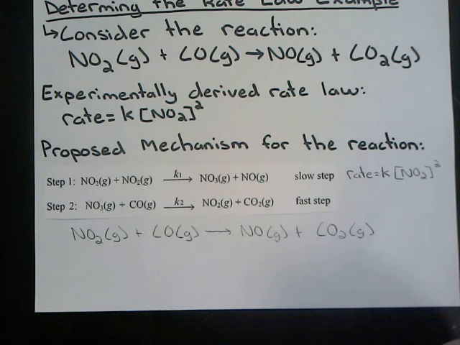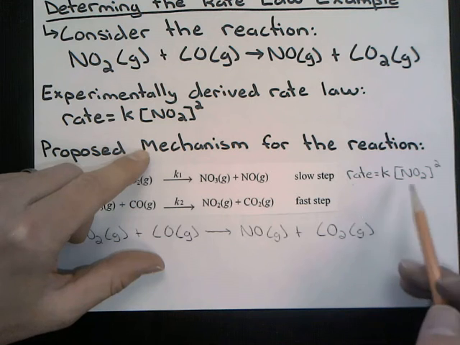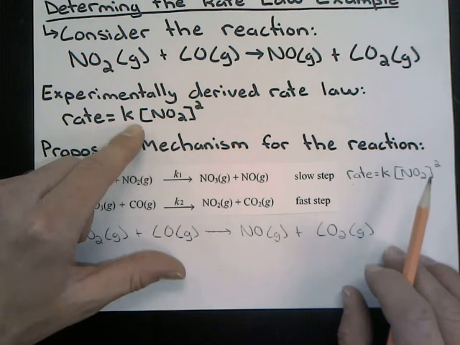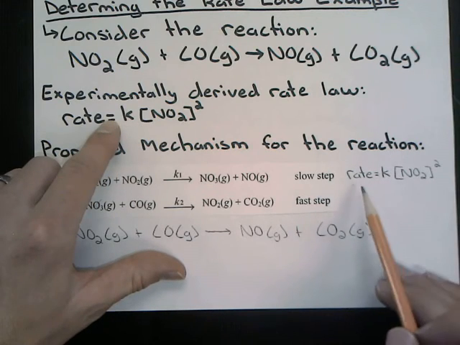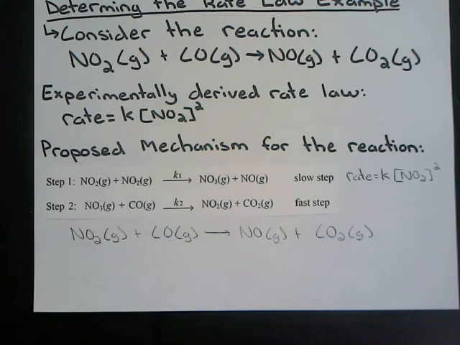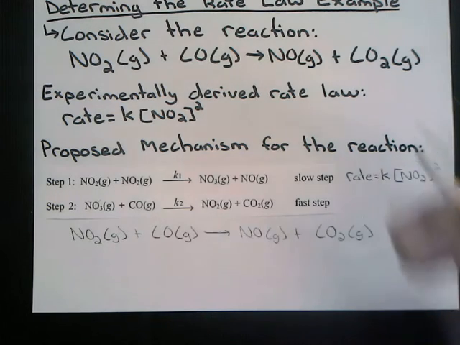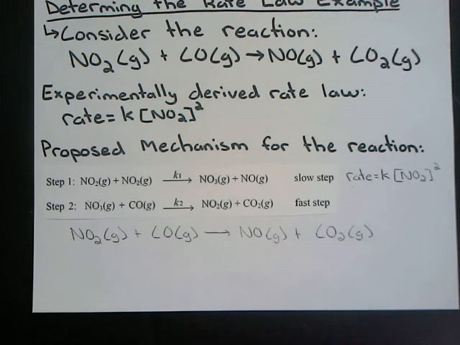Okay, so now we have to check and make sure that the rate law is equal to what we have experimentally determined. This matches up, and so what we've just proved is that this proposed mechanism is a possible way we can write out our steps.